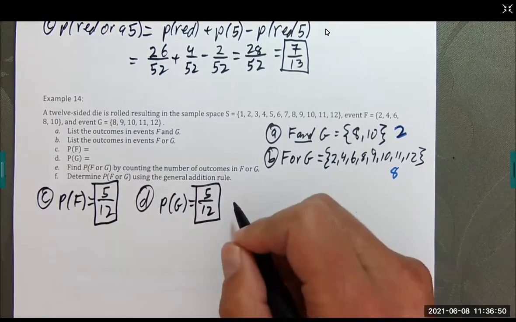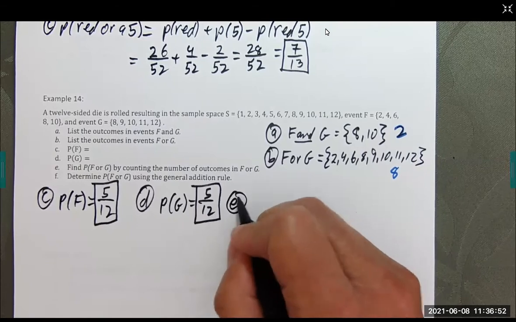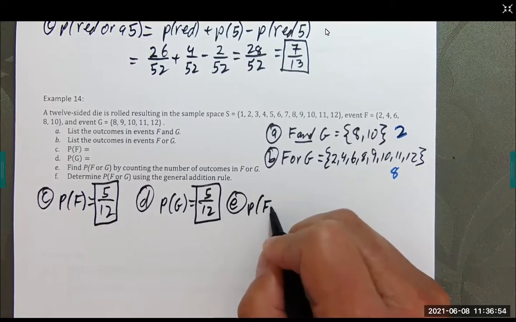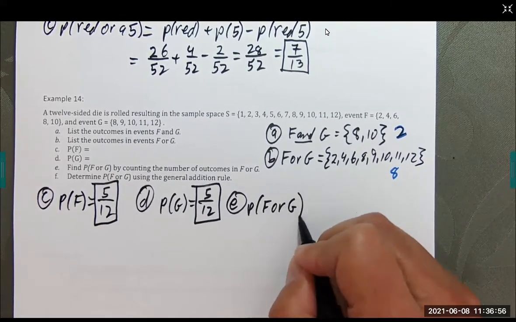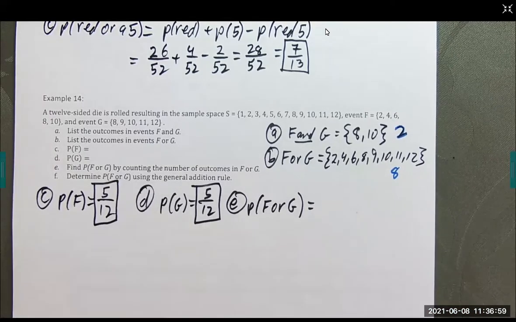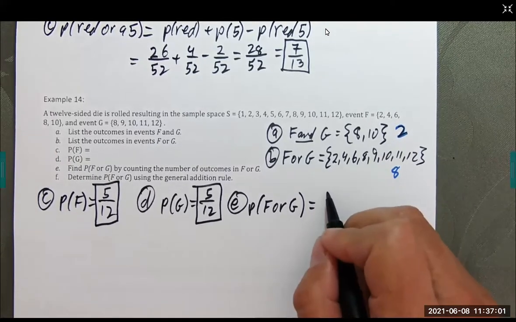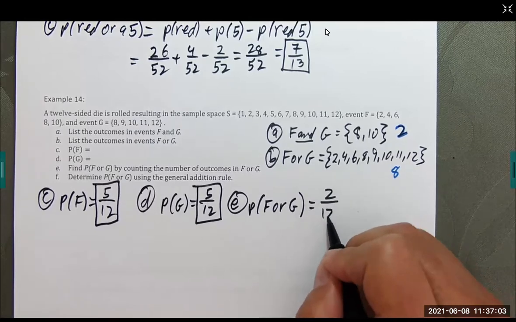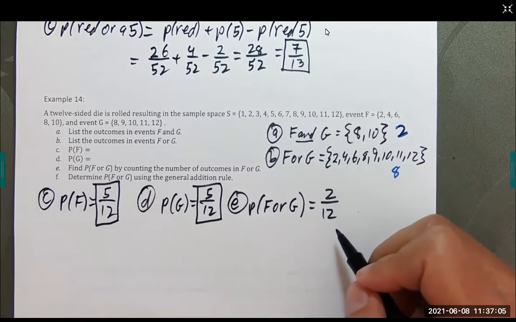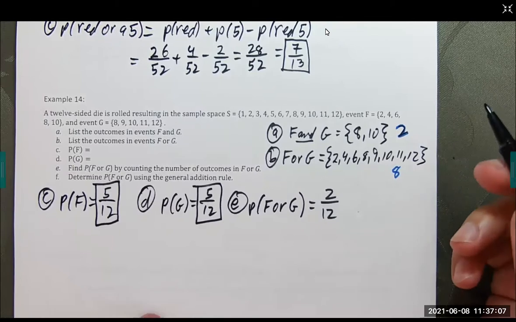Part E says the probability of F or event G? Well, there are 2 out of the 12. And that could reduce to 1/6, but I'll just leave it as is for now.